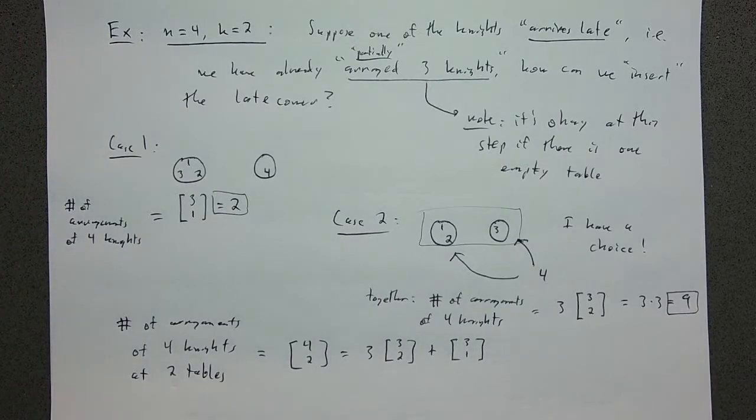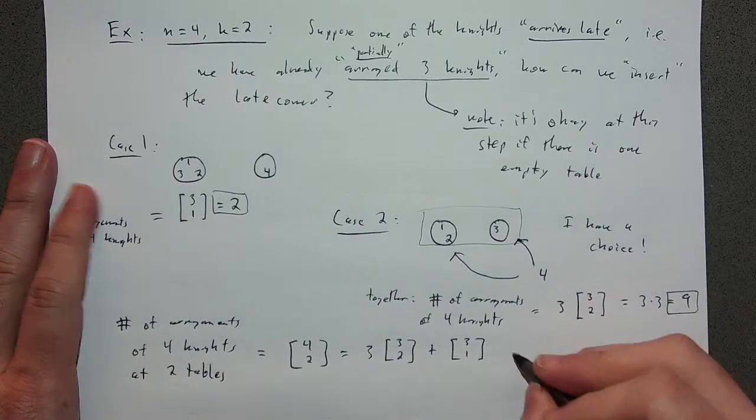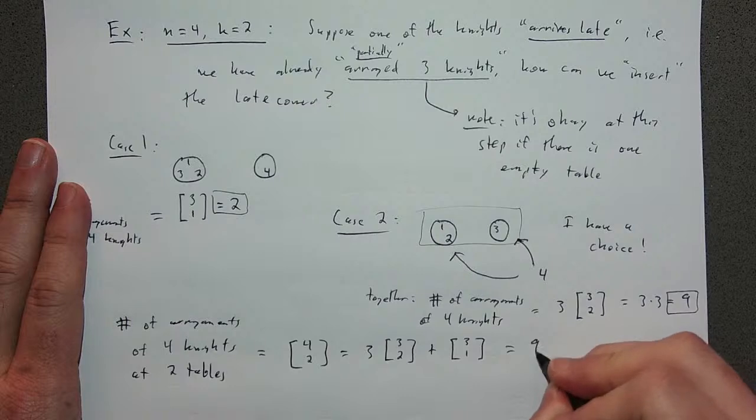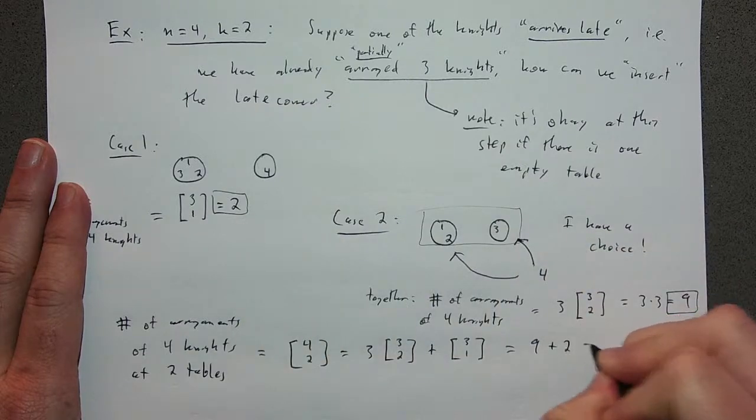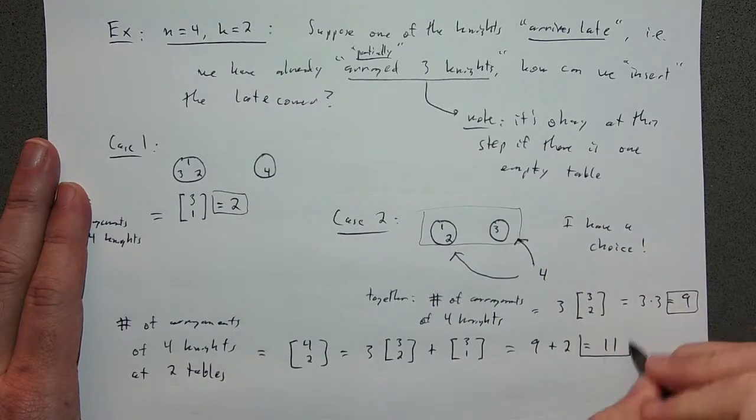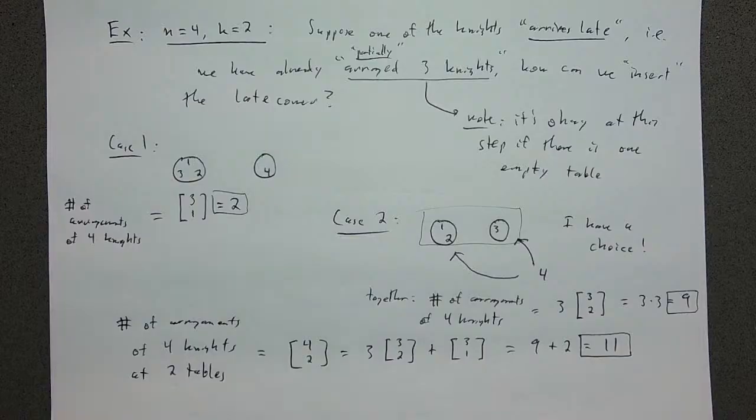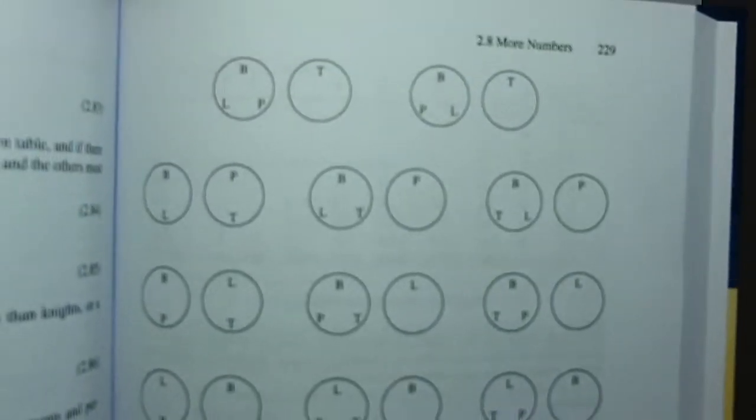Well, we just computed this was 9 and this is 2, so this should be 11. There are 11 such arrangements. If you want to see those 11 such arrangements, here we go.